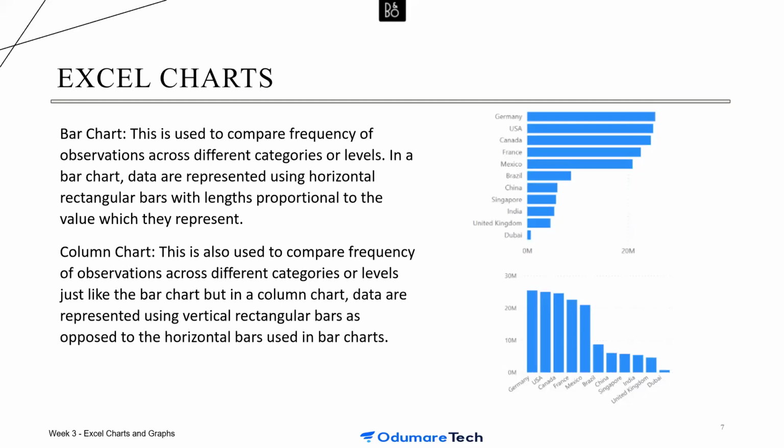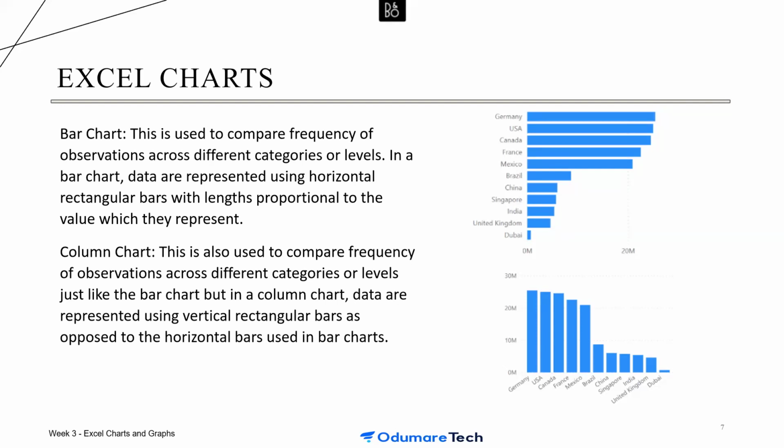According to what we have here, this is used to compare frequency of observations across different categories or levels. In a bar chart, data are represented using horizontal rectangular bars with lengths proportional to the value they represent. If you look at the first chart on this page, the axis goes from 0 million to 20 million.